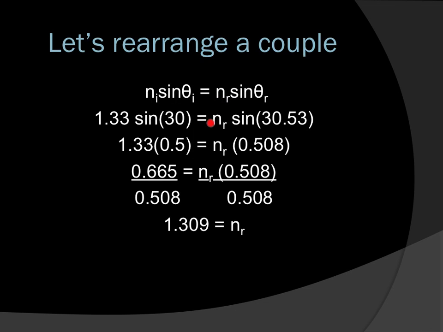And we don't know n, the index of refraction for the second material. Now that equation right there looks a little hairy if you're easily intimidated by those sine functions. But like I always say, if the algebra is not your best friend, if you're feeling uncomfortable, remember, all of this is just a number. You have a calculator that's going to do the hard part for you.